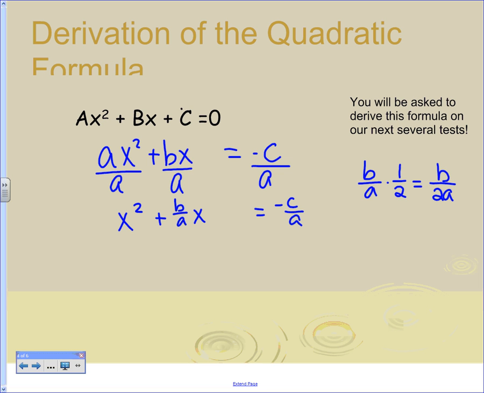And then what do we do with that b over 2a? So what is b over 2a squared? b squared over 4a squared. Does that make sense? You square each term. You add that to both sides.